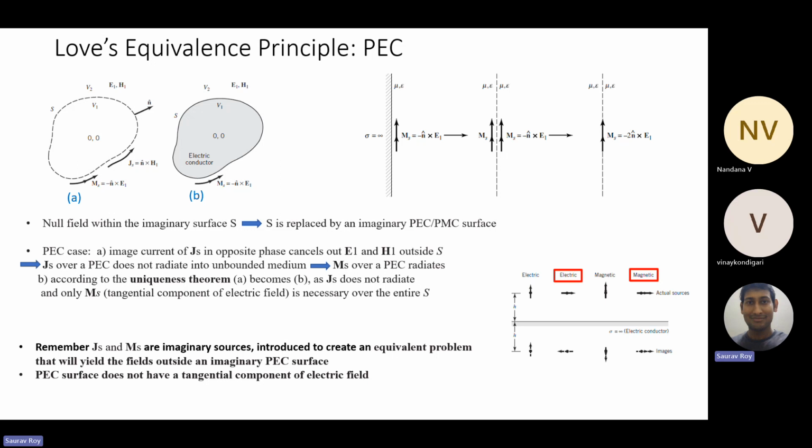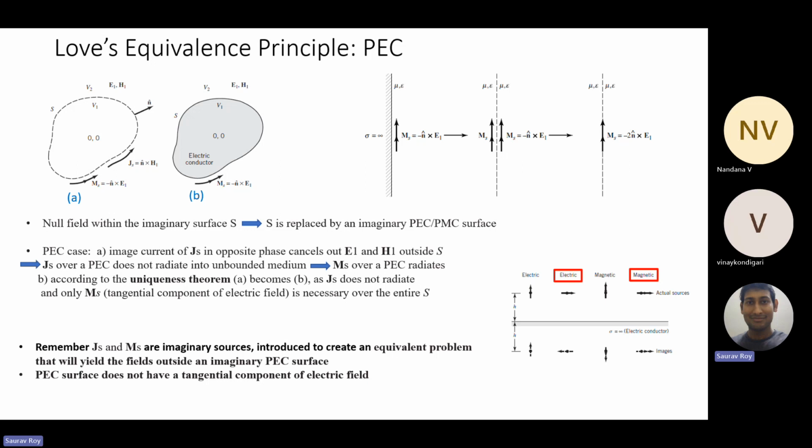If we have an electrical conductor and on top of it you place a tangential electric or magnetic source, that means J and M, the electric source or magnetic source, they will also have image sources due to this PEC or PMC, right? Now you see, the image current of J_S is in opposite phase.